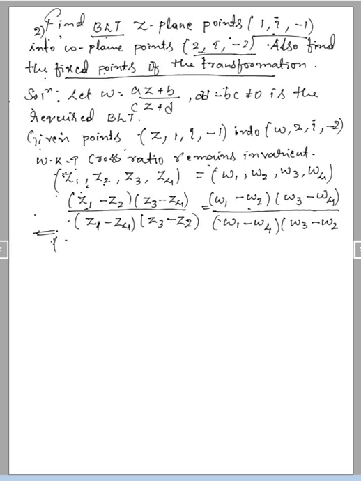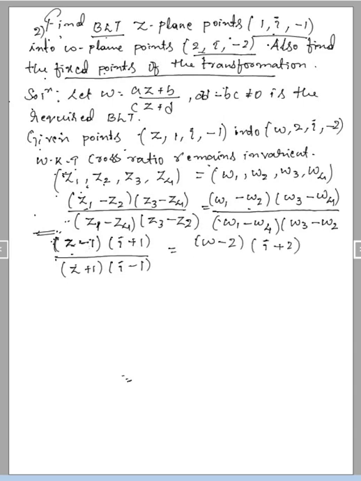So the last line. So now I am going to substitute the values. Now we are going to get Z minus 1 into I plus 1 whole divided by Z plus 1 into I minus 1, which is equal to W minus 2 into I plus 2 whole divided by W plus 2 into I minus 2.